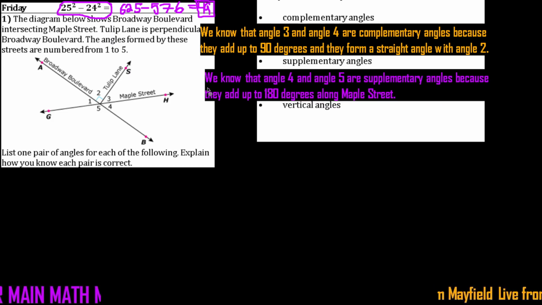And speaking of 180 degrees, for supplementary angles, we know that angle 4 and angle 5 are supplementary angles because they add up to 180 degrees along Maple Street. So let me highlight what I'm referring to. I have angle 4 and angle 5, and it goes along that Maple Street.